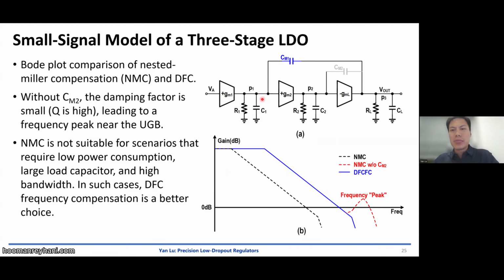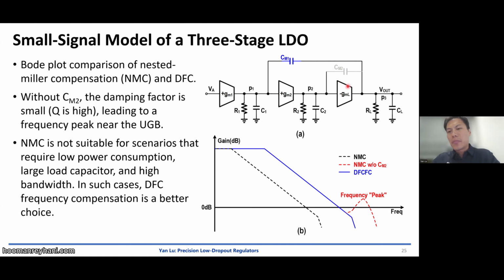Here shows a three-stage design, a three-stage amplifier or three-stage LDO design. If it is nested Miller compensation, as we discussed last time, we will have the bandwidth degradation with more Miller capacitor, because the two non-dominant poles are close together. If we have CM2, the bandwidth actually will reduce.